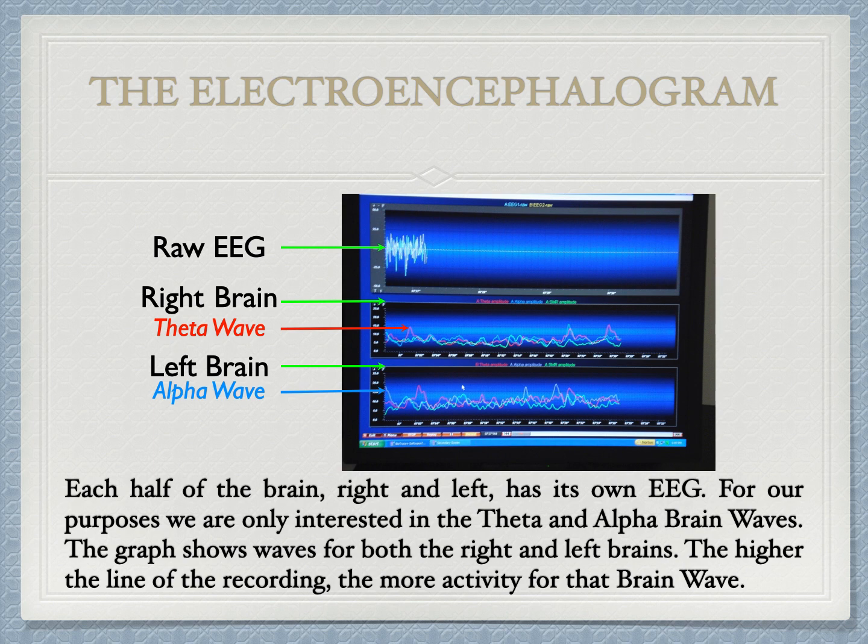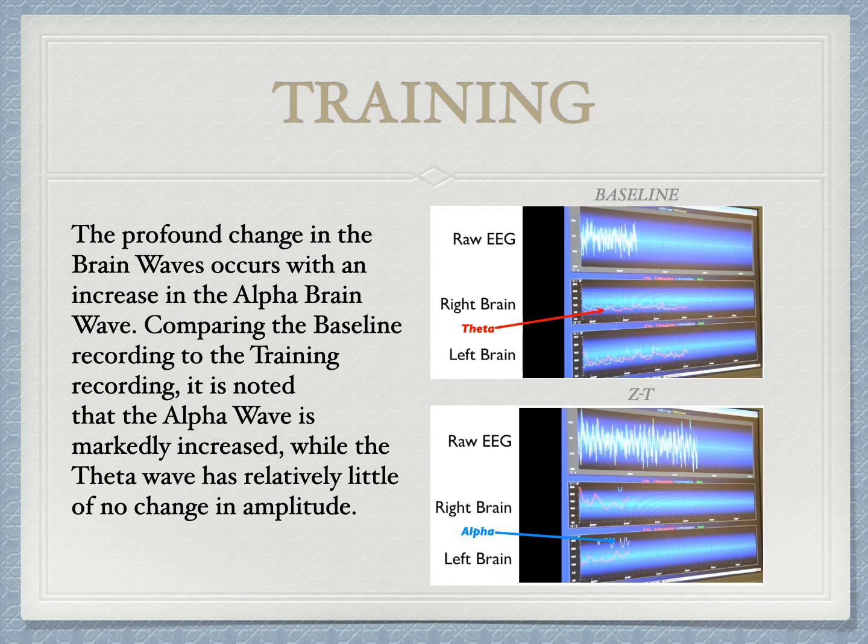The theta waves are in red and the alpha waves are in blue, and each hemisphere, right and left, has its own brain waves. The goal of the training is to increase the alpha brain waves, which will then stimulate various functions of the body.